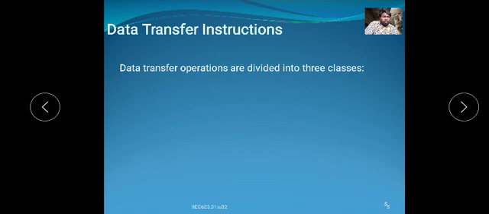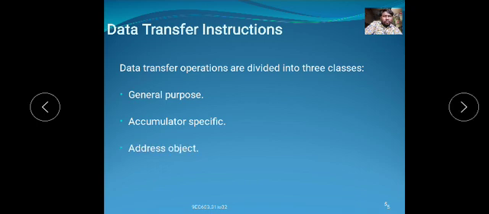The data transfer operations are divided into 3 classes: one is the general purpose, second is the accumulator specific, and third is the address object.